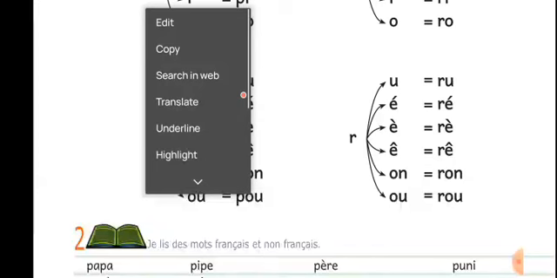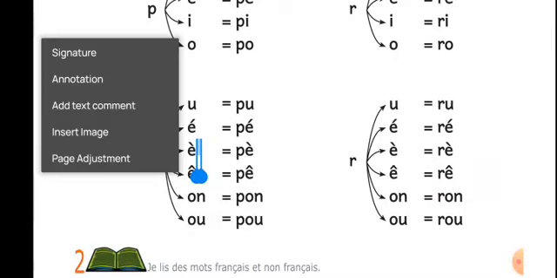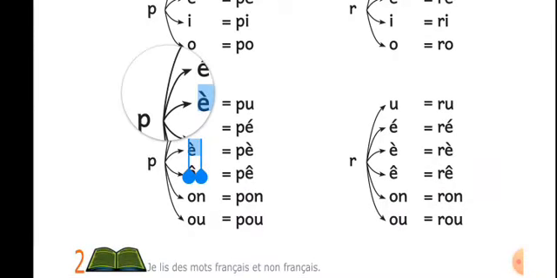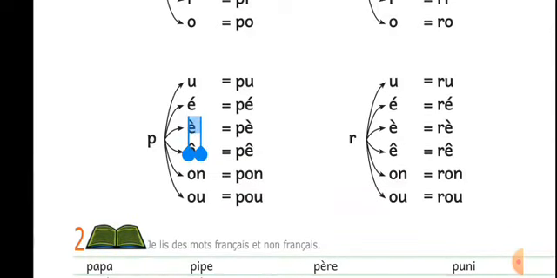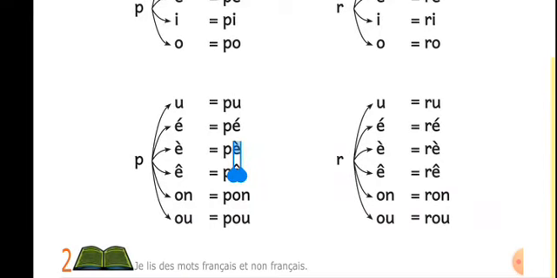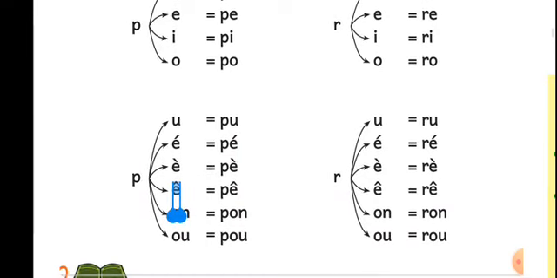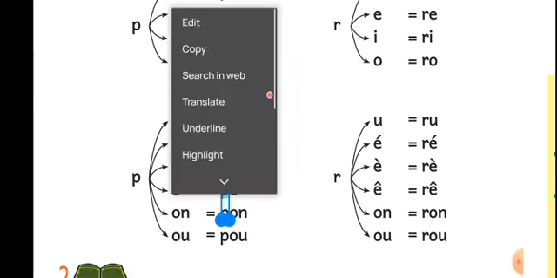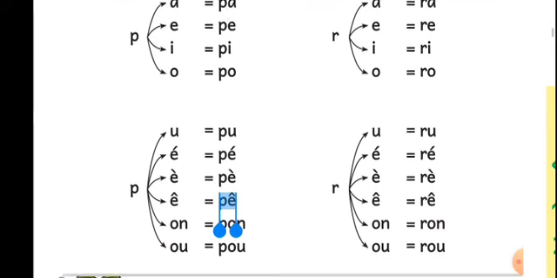Also, this other E with the accent facing to the right side of your screen is pronounced E, which gives us the sound in the word we have right here. And the next letter, the circumflex, has the same pronunciation as the previous one. It's equally pronounced E, which gives us the pronunciation for this word.